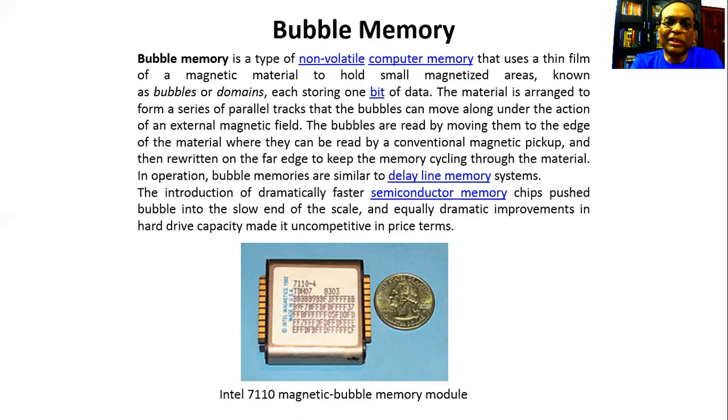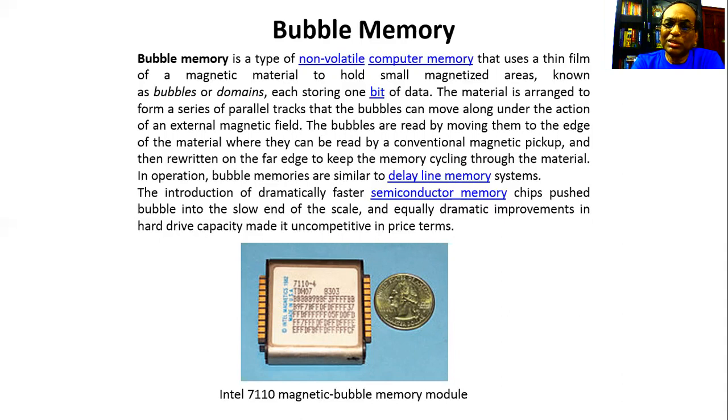The material is arranged to form a series of parallel tracks that the bubbles can move along under the action of an external magnetic field. The bubbles are read by moving them to the edge of the material where they can be read by a conventional magnetic pickup and then rewritten on the far edge to keep the memory cyclic through the material.